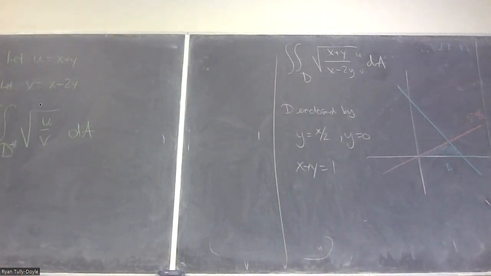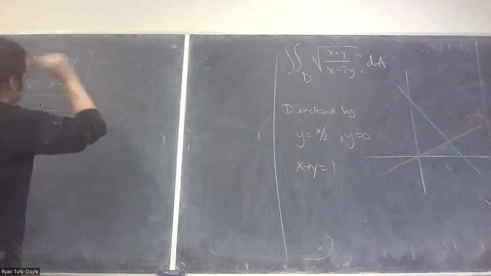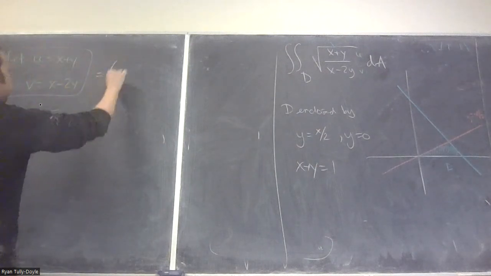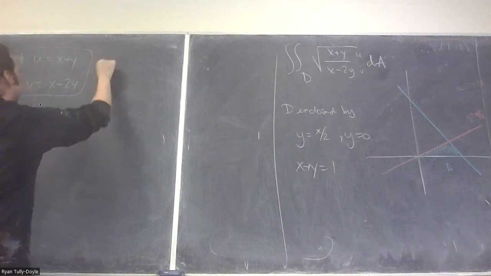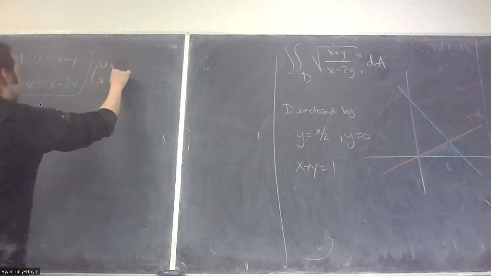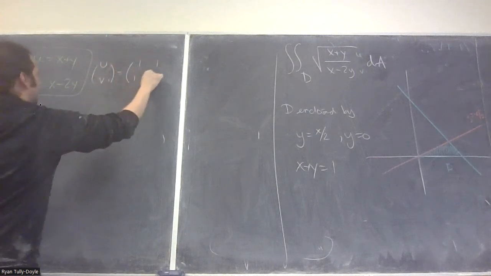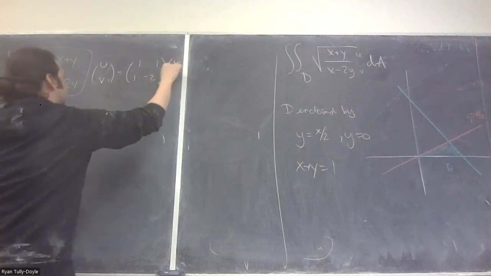So what's the new region look like? Well, is this transformation linear? Sure. So for a linear transformation, I look at this and I say, well, to me, that looks like I got u, v by taking the matrix 1, 1, 1, minus 2 and multiplying it by the vector x, y.